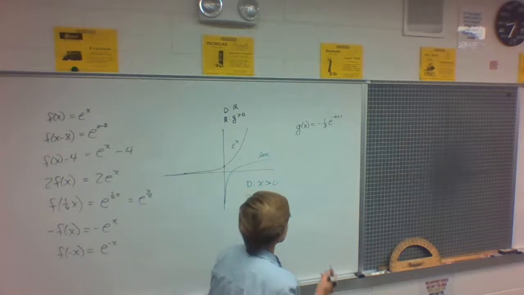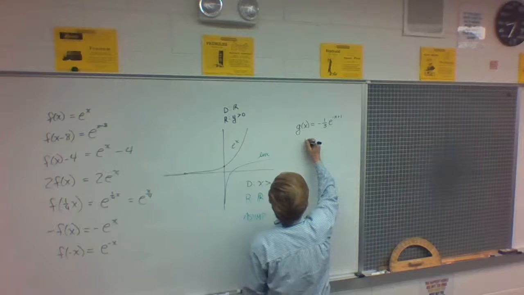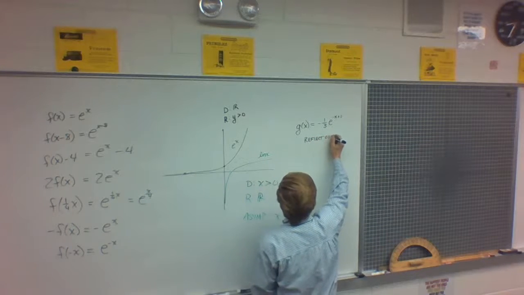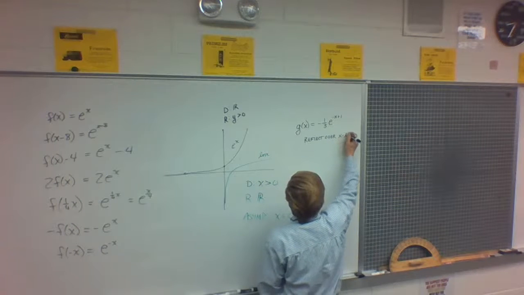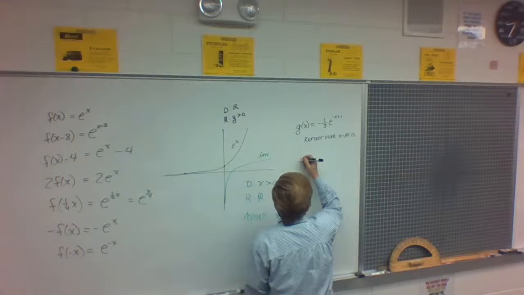What is this going to do? Pardon? Is the negative part a reflection? Yes, but which negative? The one before the 1/3. And that one before the 1/3 is going to reflect it how? The x-axis. Yep. Okay. Give me another transformation.